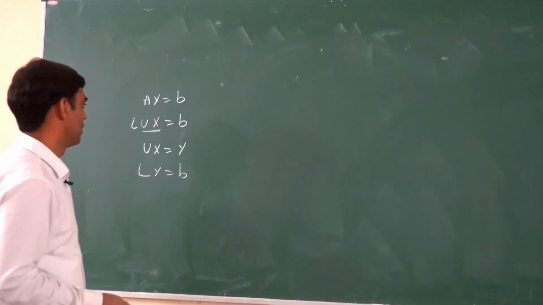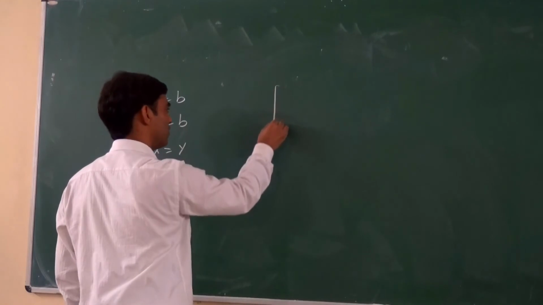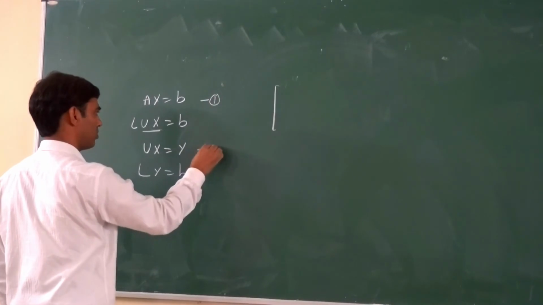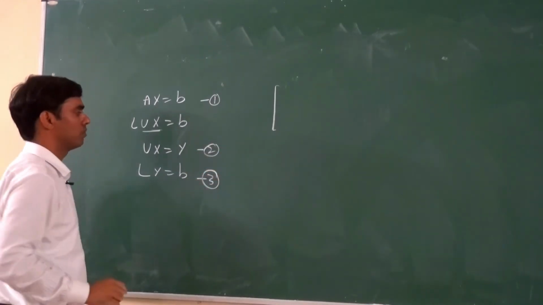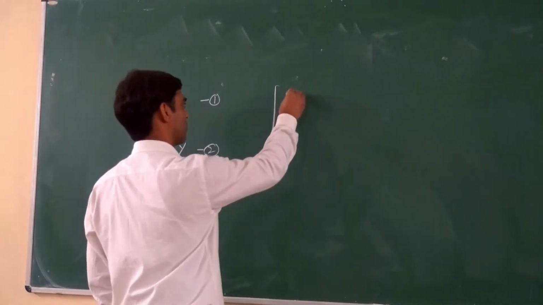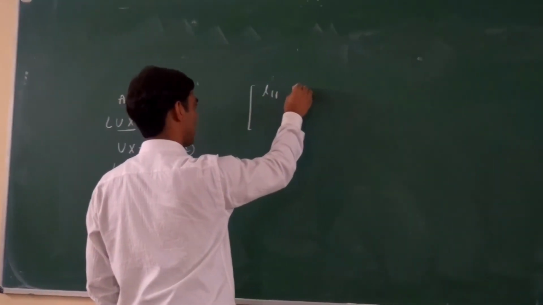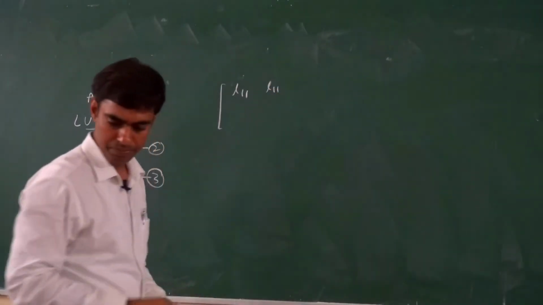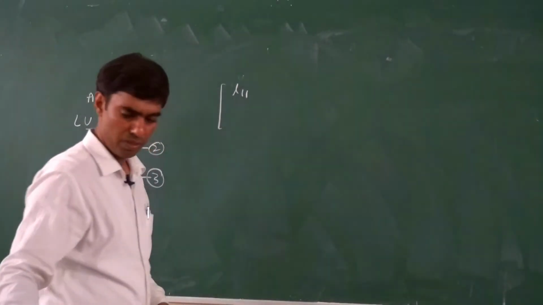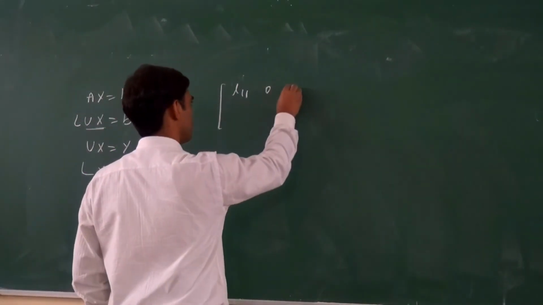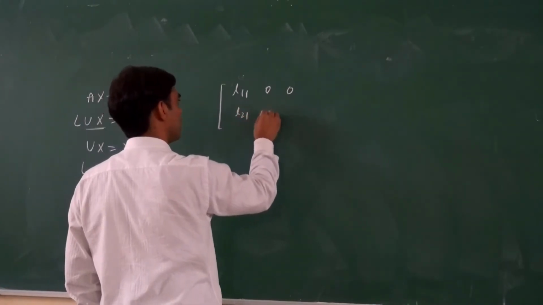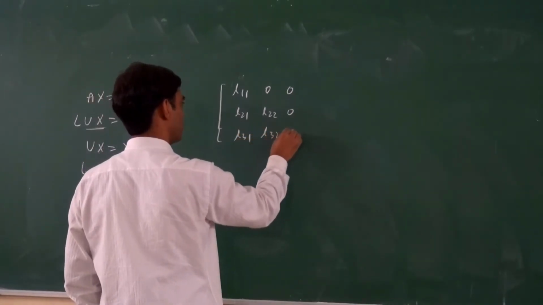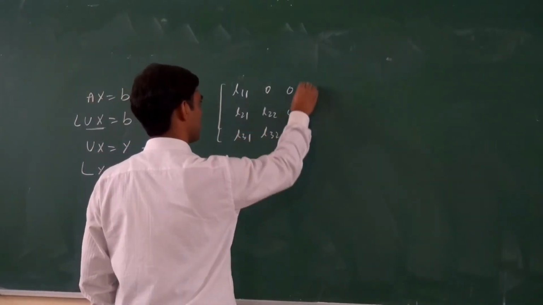So we have a lower triangular matrix, and we try to solve this. This is equation number 1, this is 2, and this is 3. The lower triangular matrix is L11, 0, 0, then L21, L22, 0, and L31, L32, and L33.